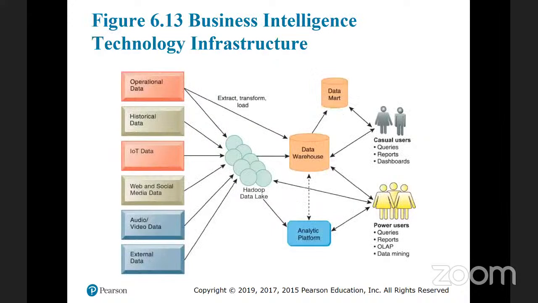So here is a big picture example of the infrastructure required for business intelligence. You're going to have the power users who are typically the senior executives and maybe even upper middle managers that are going to be making queries, reports, looking for online analytical processing and data mining because they're making big decisions.